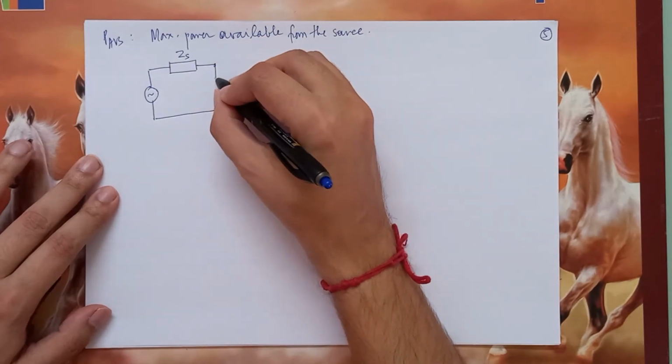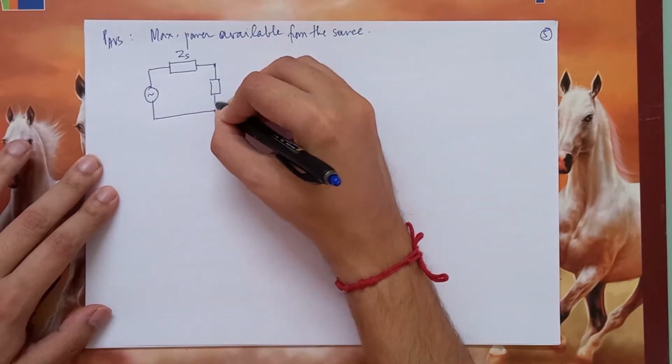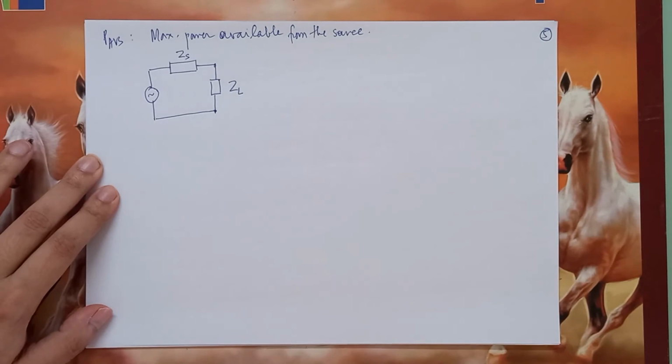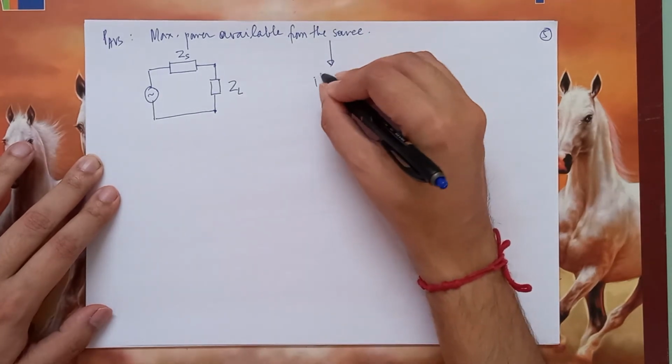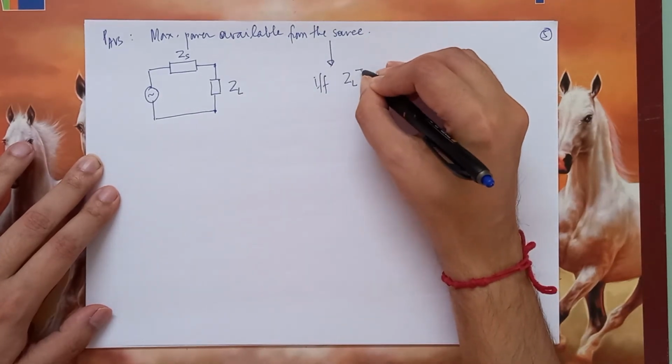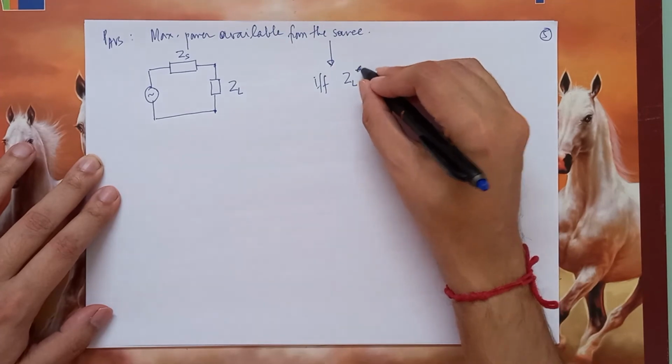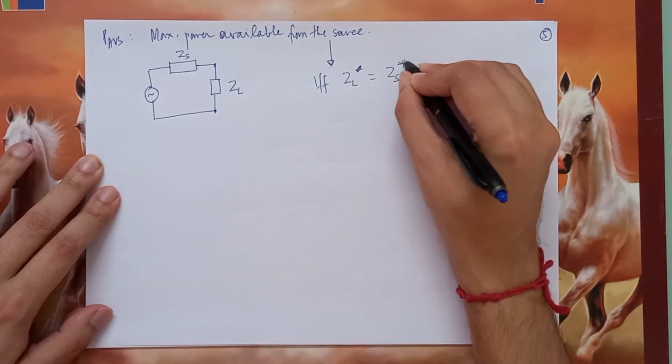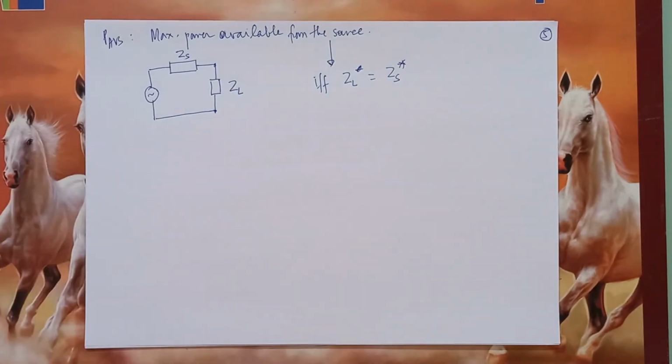Now let us say the amplifier is connected to some load impedance ZL. Now the maximum power will be available if and only if ZL will be equal to the complex conjugate of ZS. This is the maximum power transfer theorem.